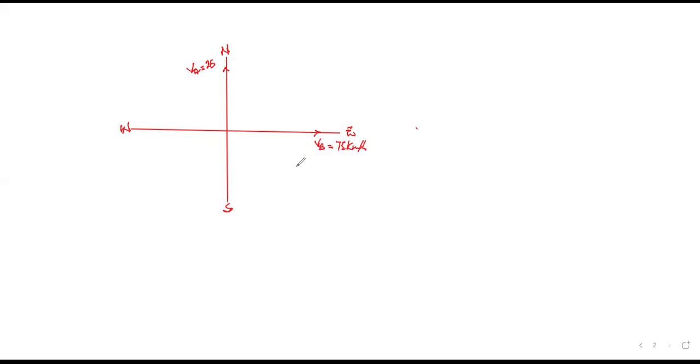Find V of B with respect to A. V of B with respect to A is equal to VB minus VA. It means here we must negate the velocity of A, and the negative velocity of A will be due south.